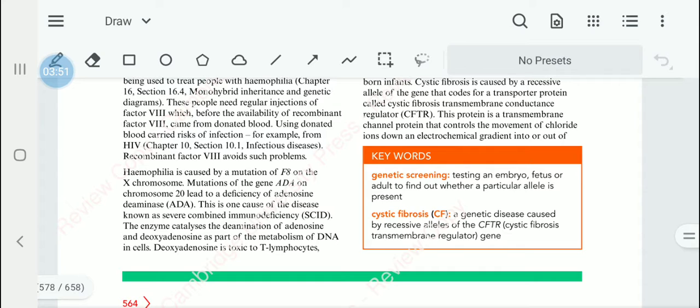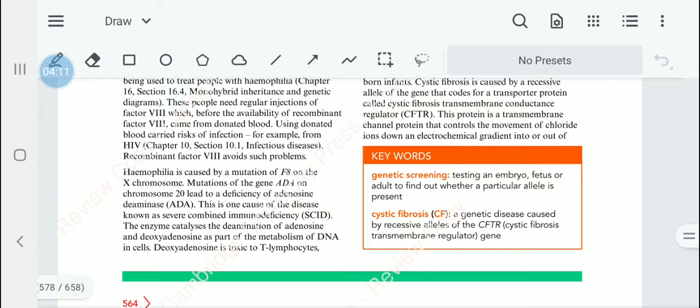Then mutations of the gene ADA on chromosome 20 lead to deficiency of adenosine deaminase, ADA. This causes a disease called severe combined immunodeficiency, SCID.